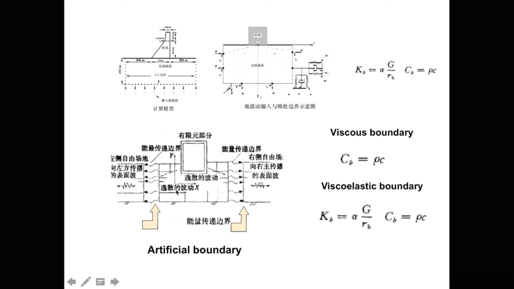Or if another kind of structures, for example, a building set in the soil, then we select a zone of soil, and in the boundary, we have to use some artificial boundary to describe the transmission of the energy to the far field.